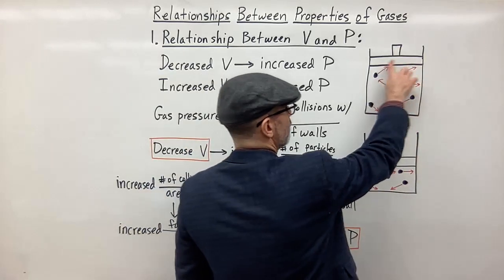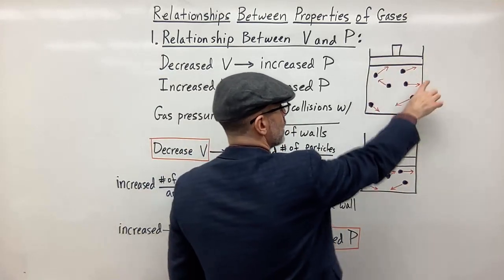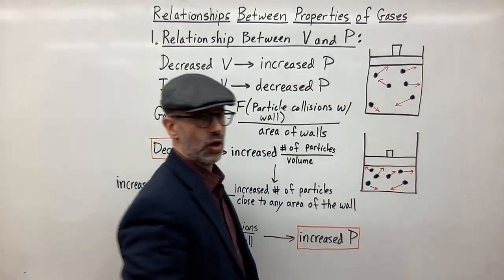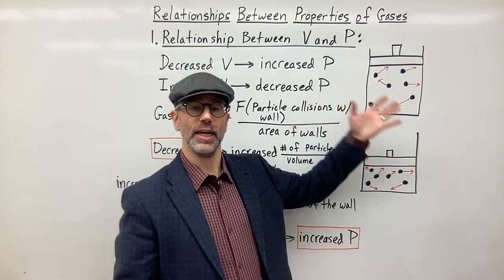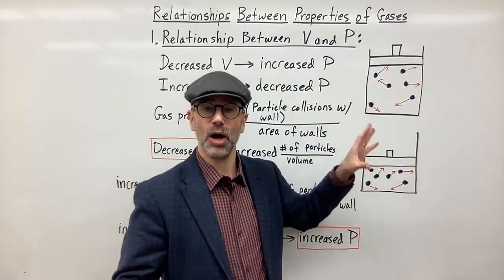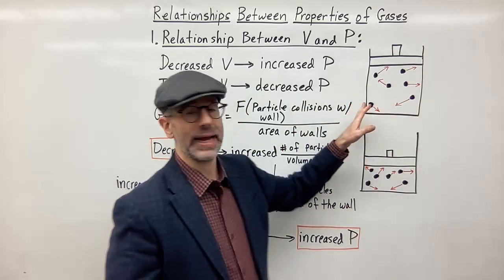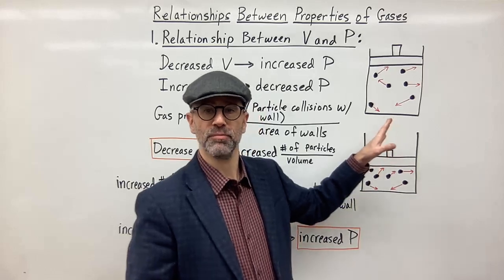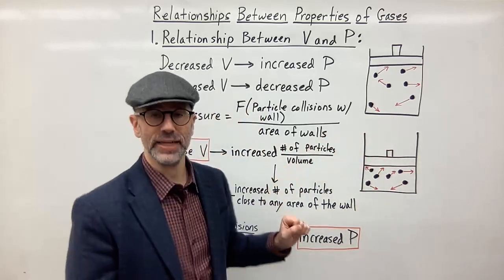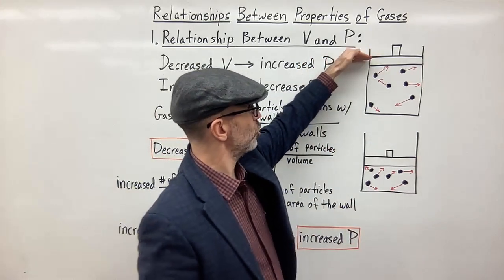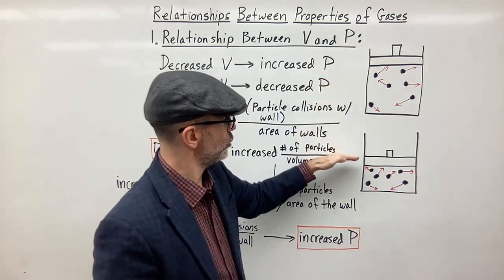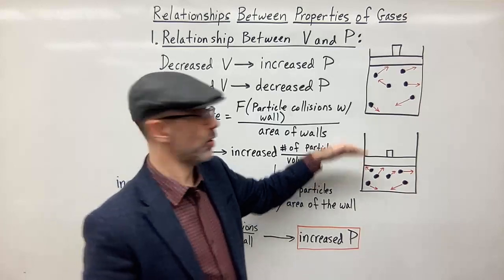At this particular volume, the particles are hitting up against the wall a certain amount and therefore applying a certain pressure. So what happens when I decrease the volume? Well, I can decrease the volume by lowering the piston to halfway, right? So here I have it.